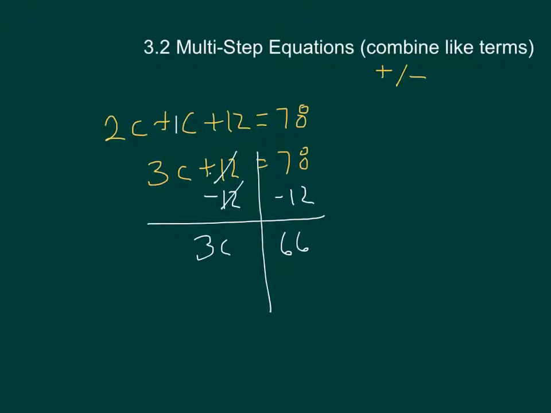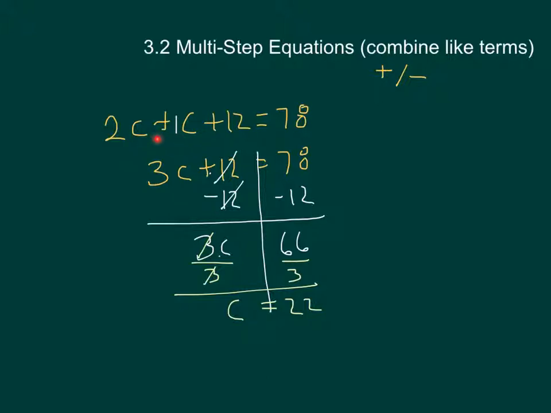And now I have multiplication, and I undo multiplication by dividing. The 3's go out, c equals 22.